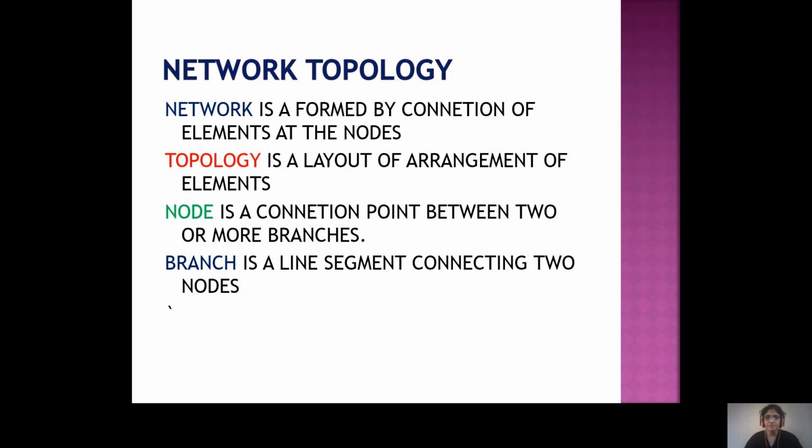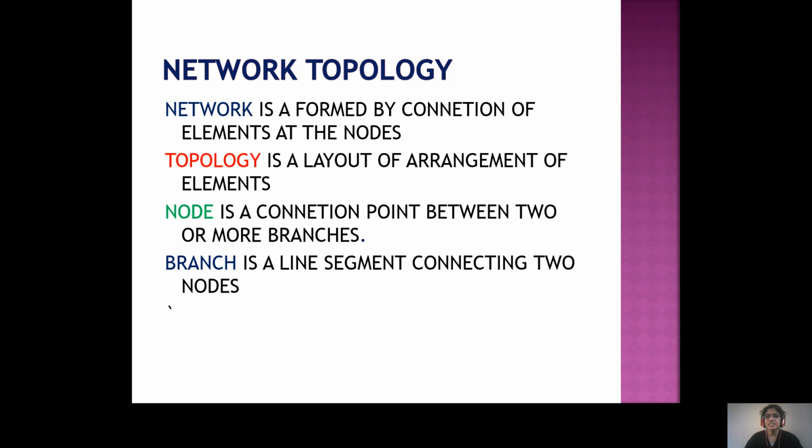Network topology. So what is a network? A network is formed by the connection of elements at the nodes. And topology is the layout of the arrangement of elements. And what is a node?